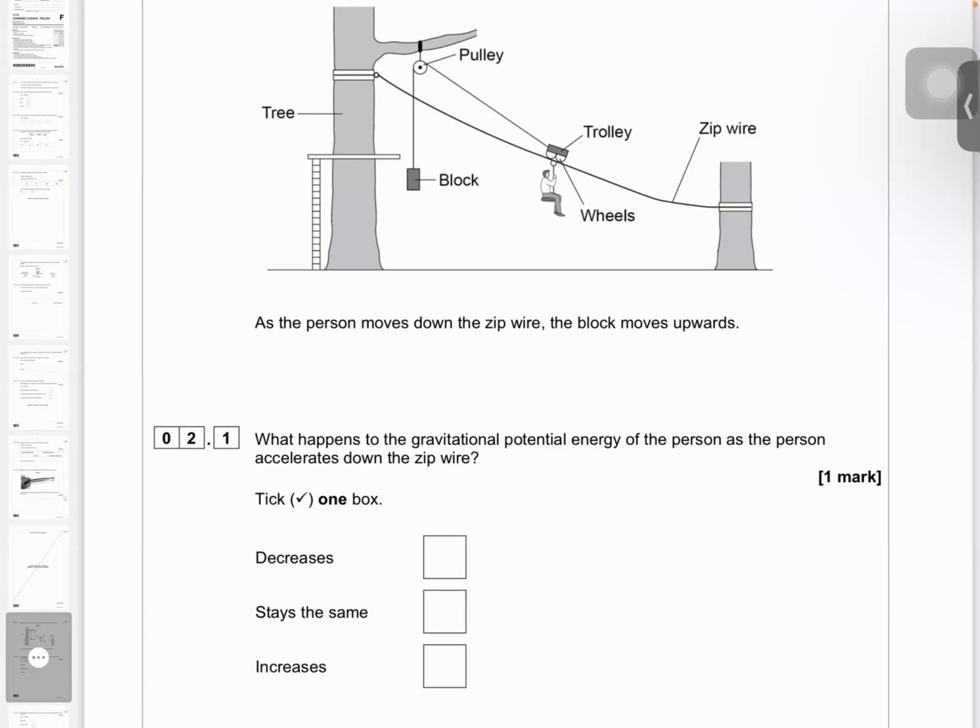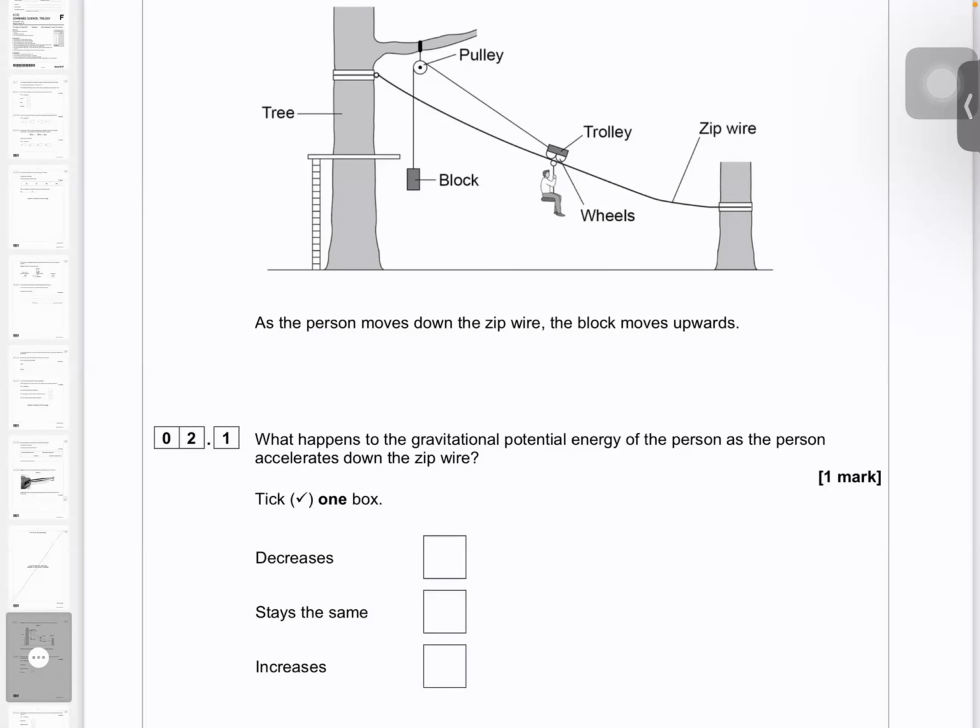So just imagine that that's what is happening. If we look at the picture now, where he is, his gravitational potential energy is definitely lower than when he was at the beginning of this rope. And it's going to keep on getting lower as he goes down the zip wire.